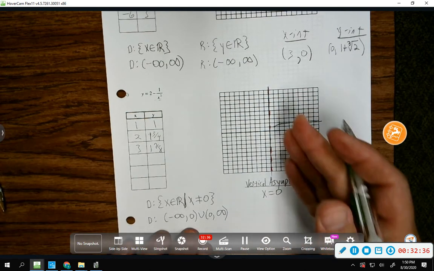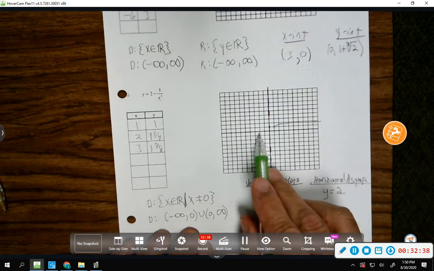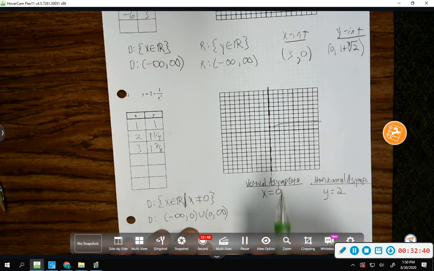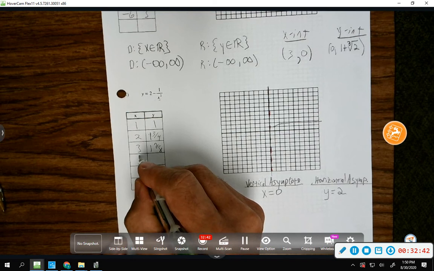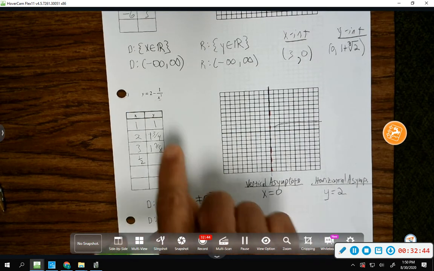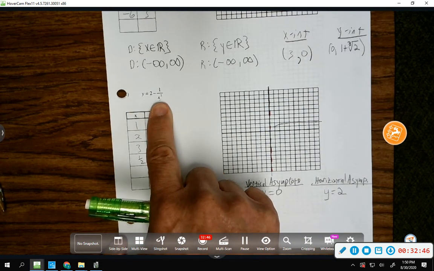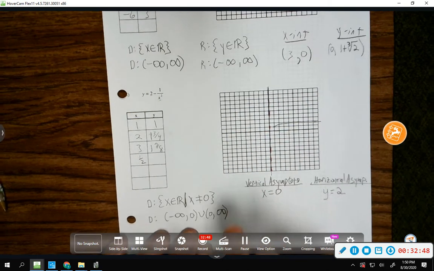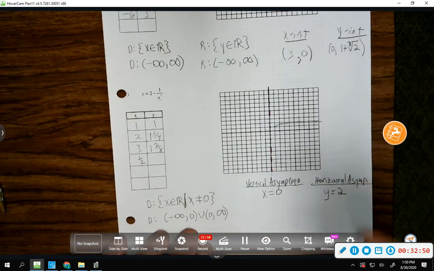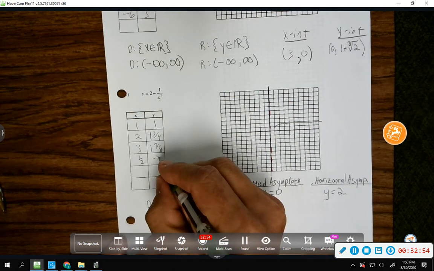So what happens if we get closer to the vertical asymptote? What happens if I plug a half in? Watch, this is the one I really like. If you plug a half in, you get 1/4. 1 over 1/4 is 4. 2 minus 4 is negative 2.